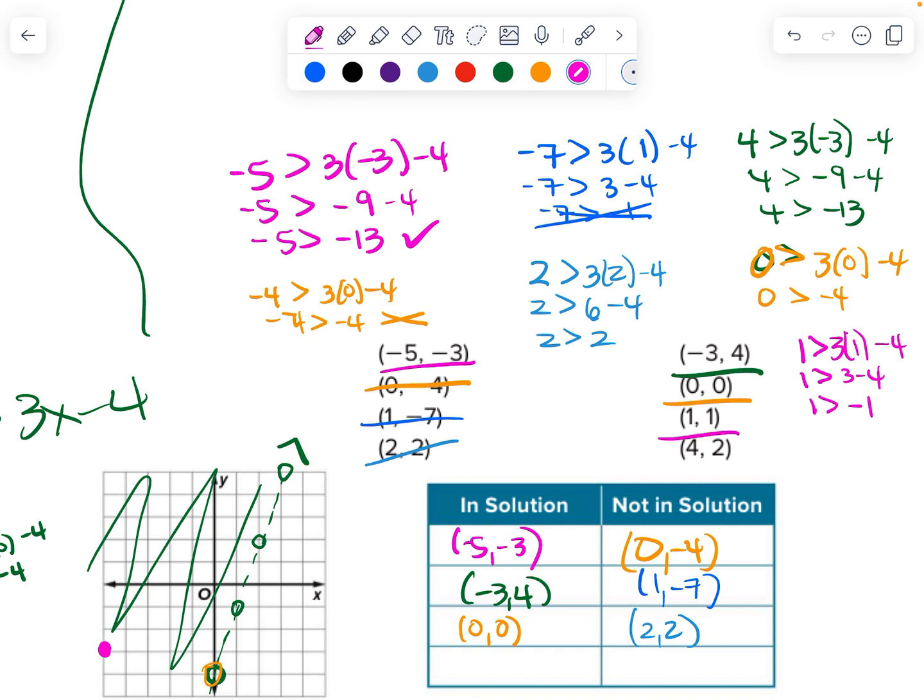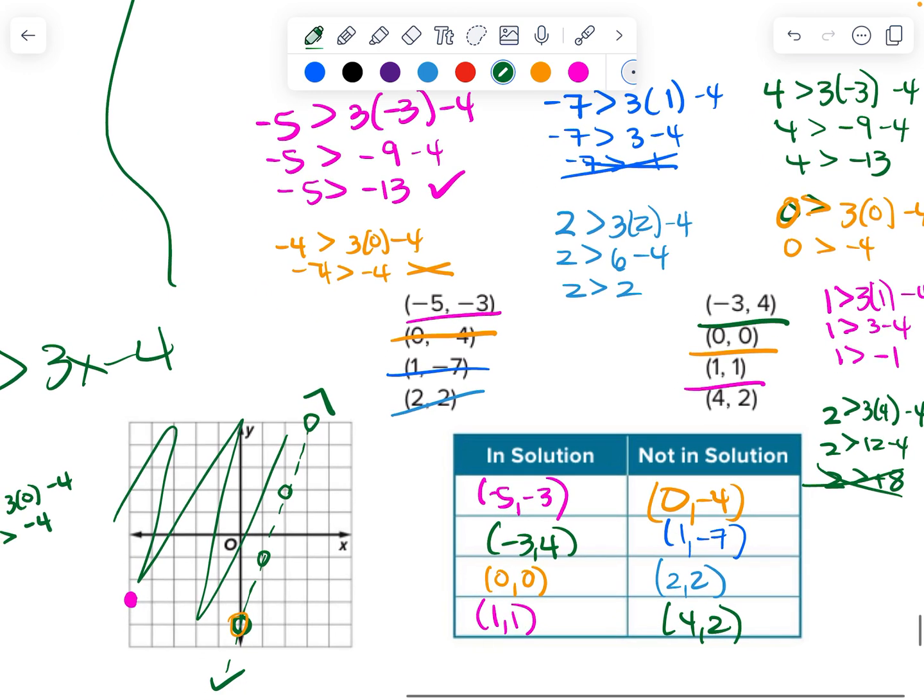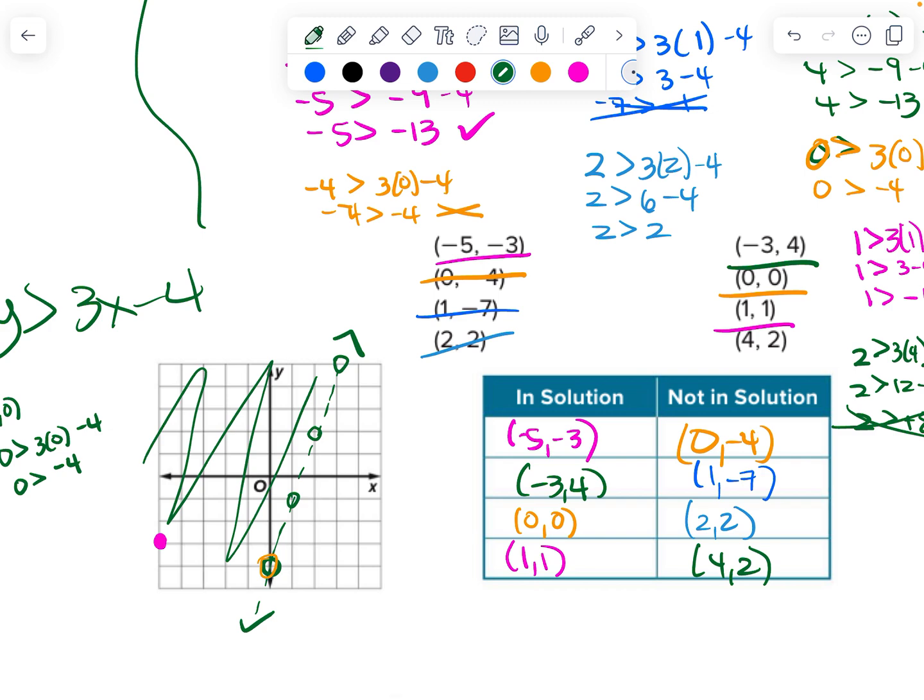That is true. And then, last but not least, 2 is greater than 3 times 4 minus 4. So 2 is greater than 12 minus 4. 2 is greater than 8? Nope.